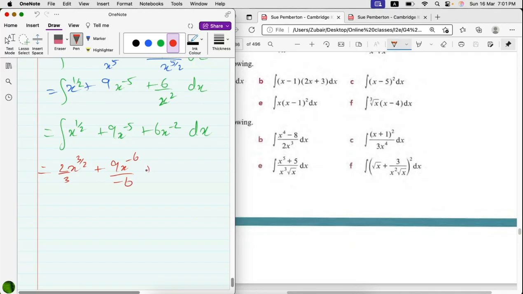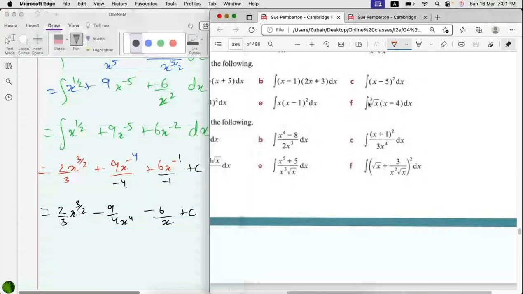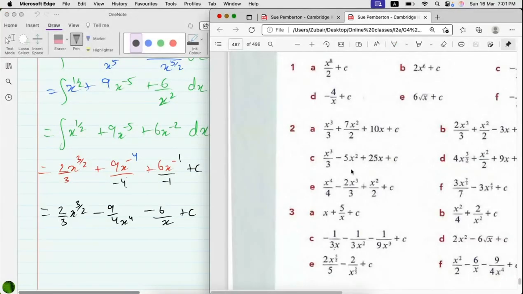And my bad, this was minus 4 over power, power plus 1 over power plus c. So this is now 2 by 3 x to the 3 by 2, minus 9 by 4 over x 4, minus 6 over x plus c. This turns out to be the same.